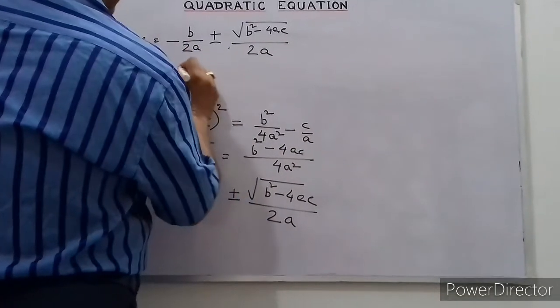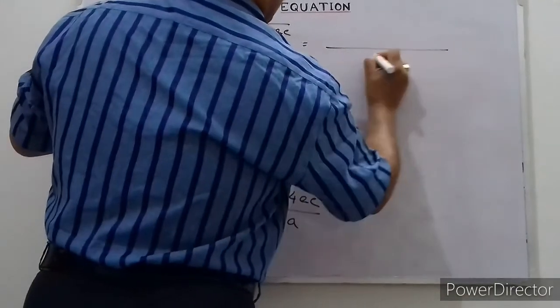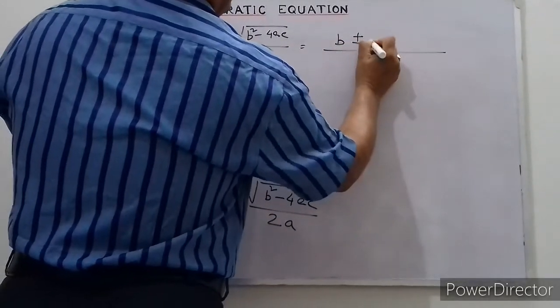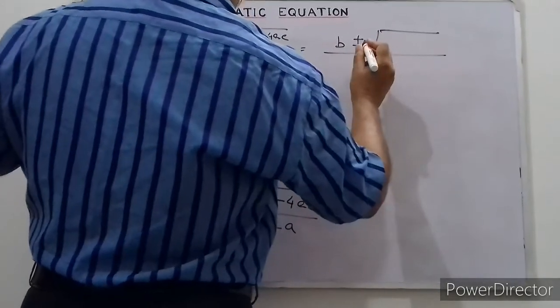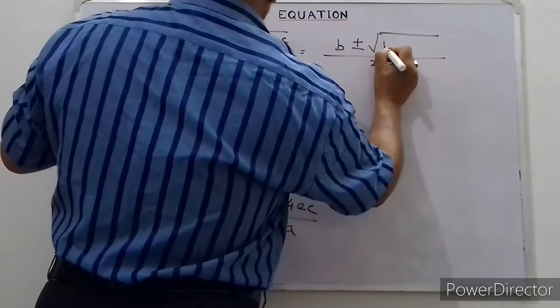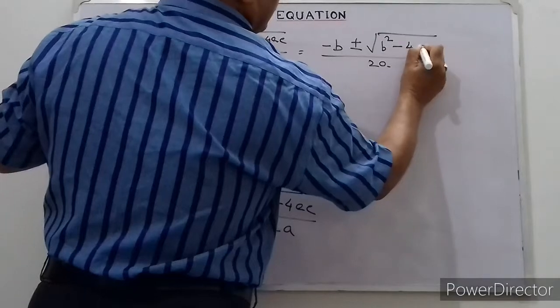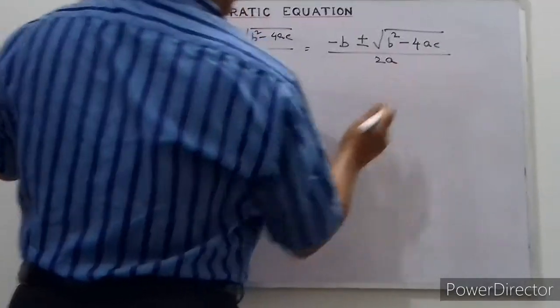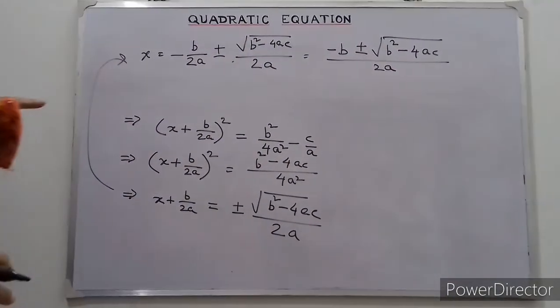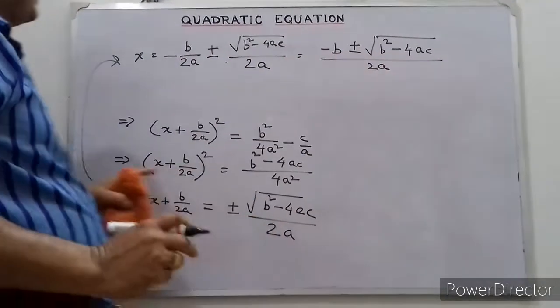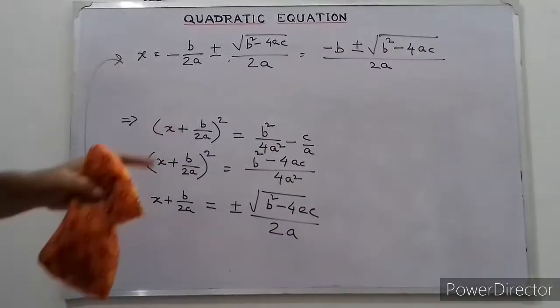If we take 2a as the LCM, we will get minus b plus minus root b square minus 4ac by 2a. So by directly putting the value of a, b and c, we can get the value of x.